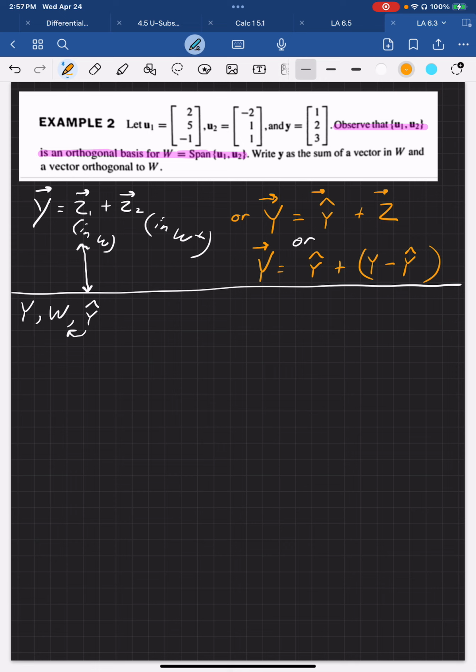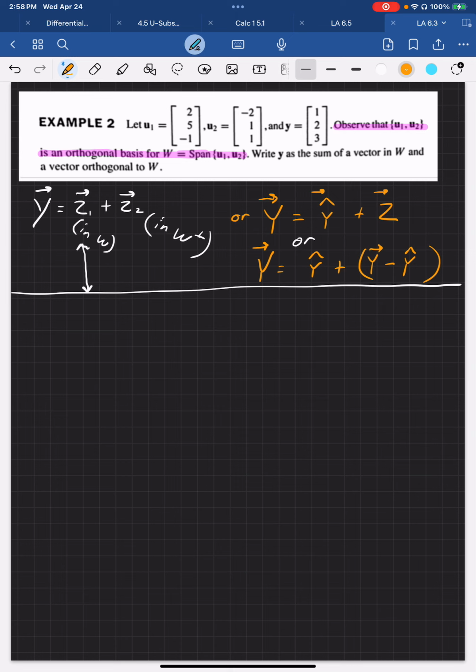Now, that looks like just a tautology, right? If you were to drop those parentheses, the y hats would cancel. You would just have this elaborate duh that y equals y. But nevertheless, let me now get to the formula.